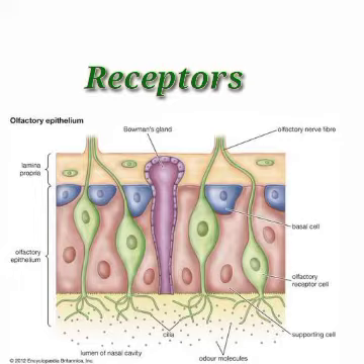The frog has many types of receptors: the sense of touch, the smell, and the taste. All of them have some type of receptors. Ears have particular receptors for receiving sound waves and maintaining balance, while the eyes have receptors for receiving light.